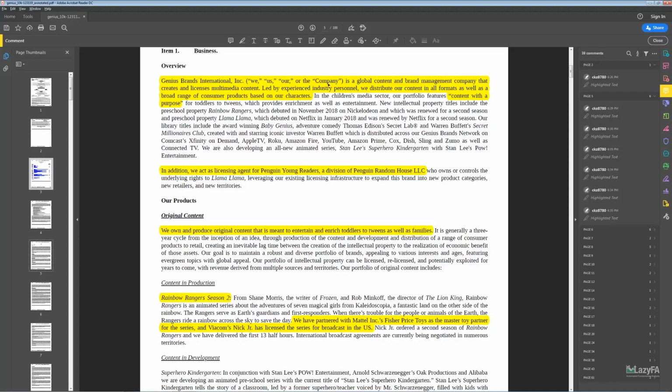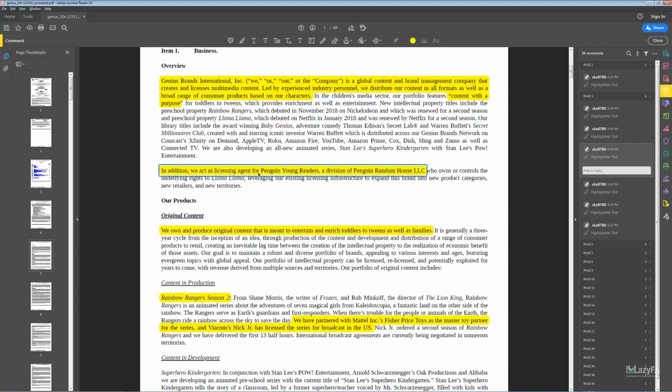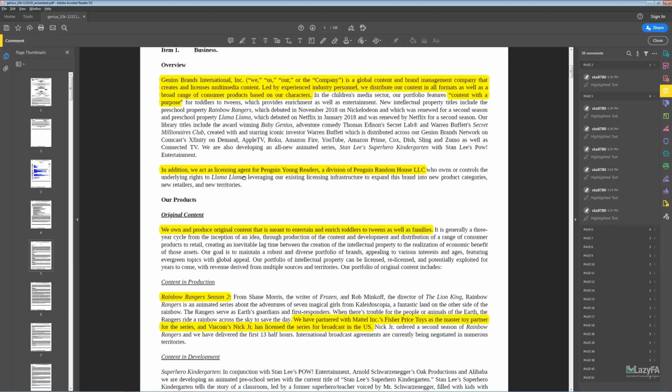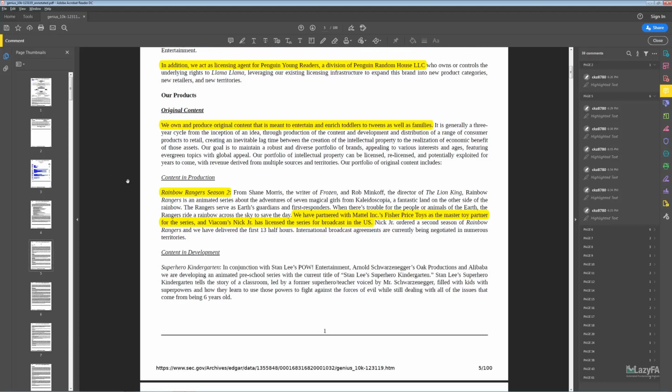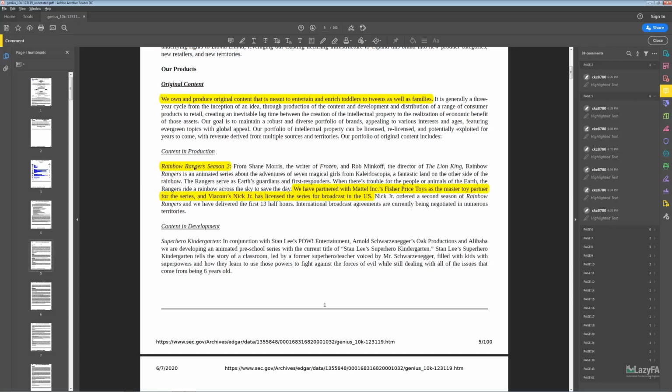They distribute their content in all formats. They create and license multimedia content, and they also act as a licensing agent for Penguin Young Readers, who own the rights to the Llama Llama show and any products associated with it. They also own and produce some original content, and they have six or eight different series and shows that they are associated with or have created themselves.